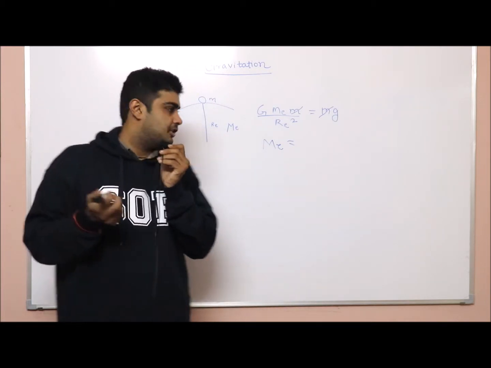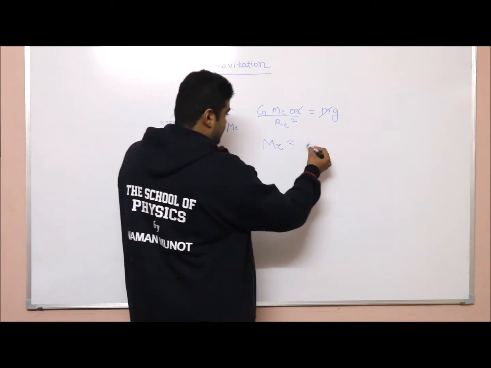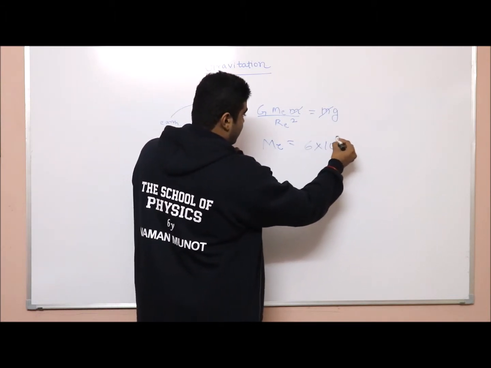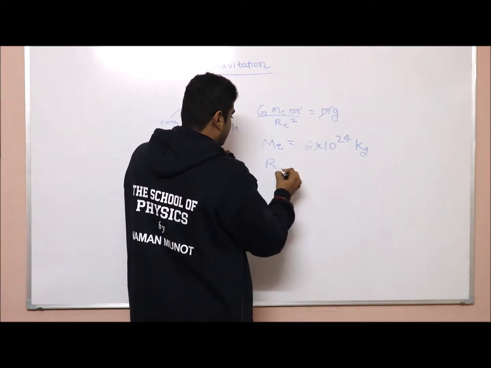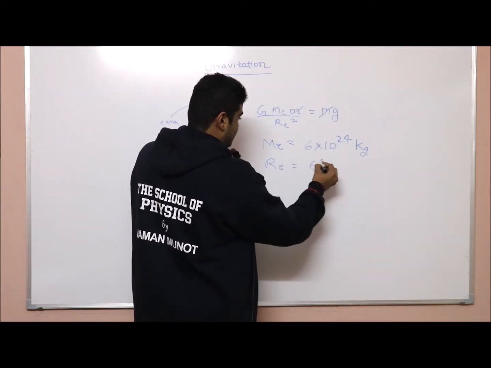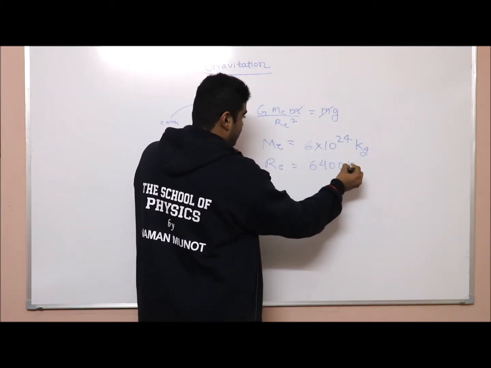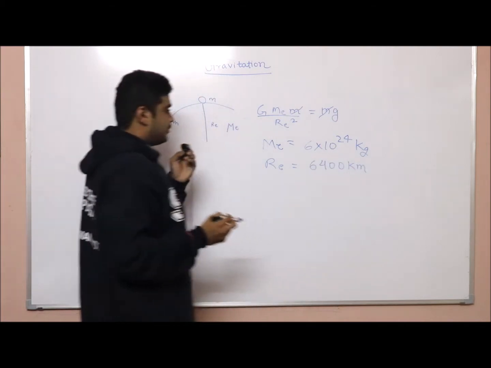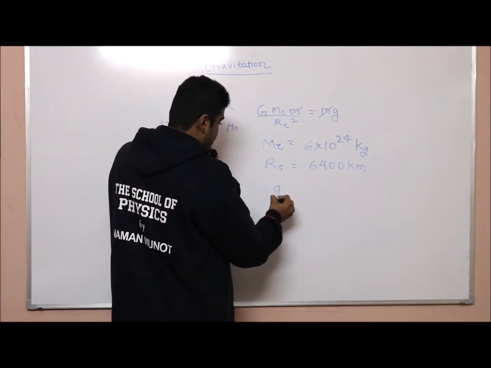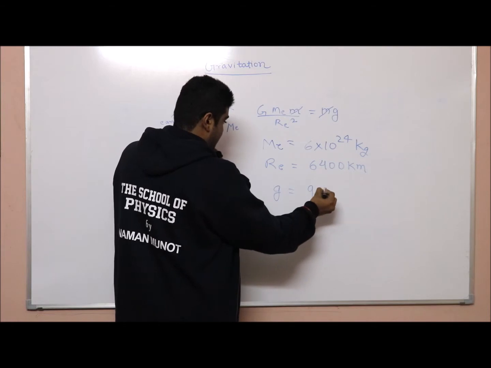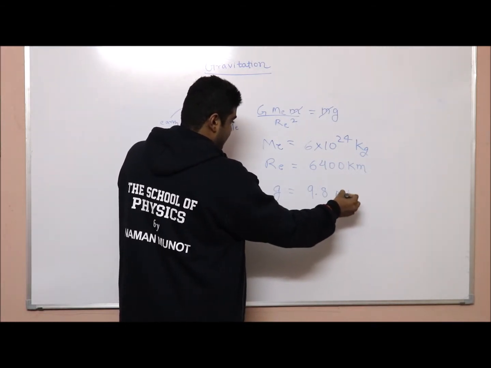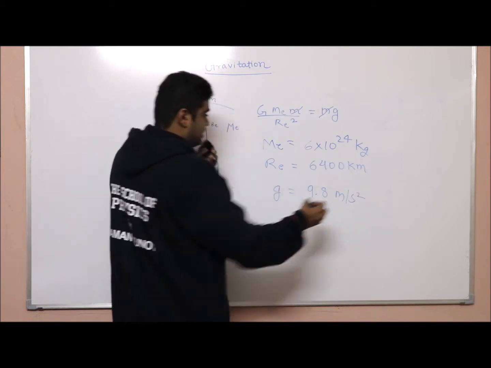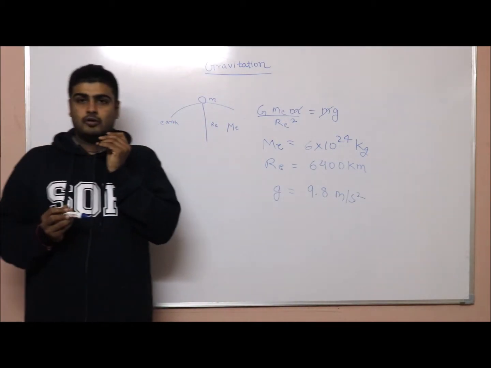So how big our earth is? From here we get g equals 9.8 meter per second square. So this is the acceleration due to gravity.